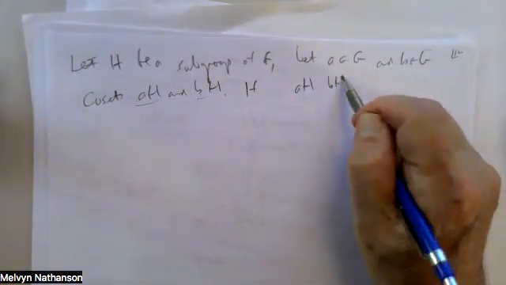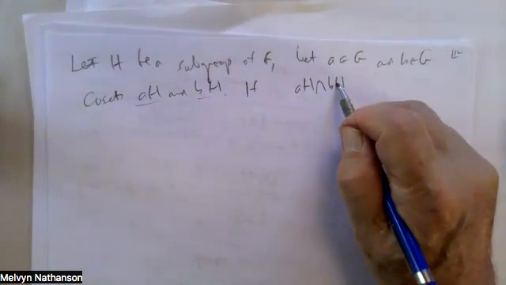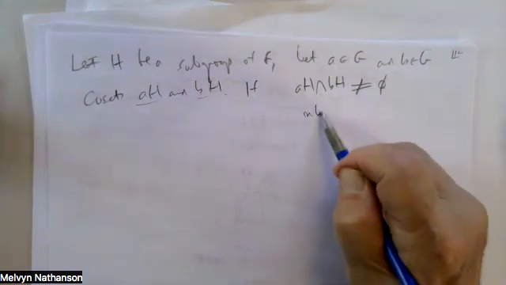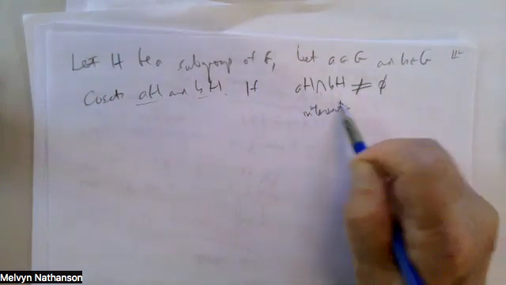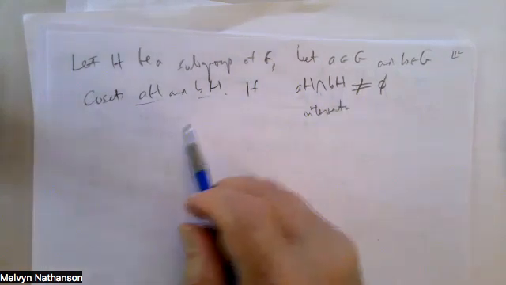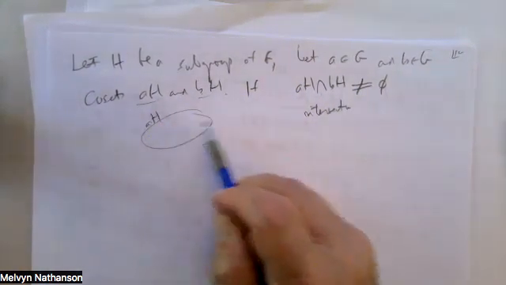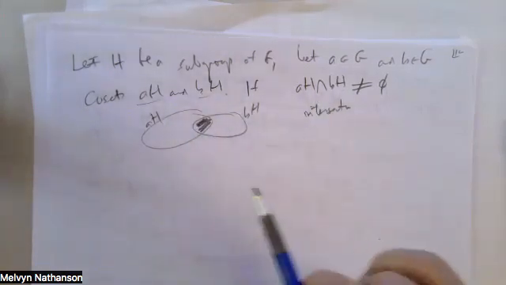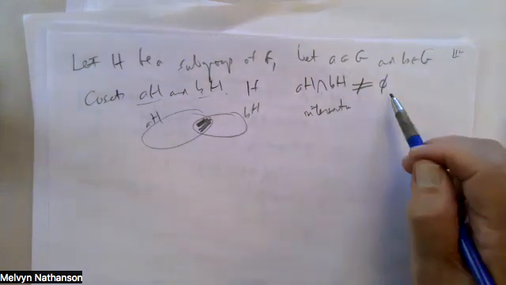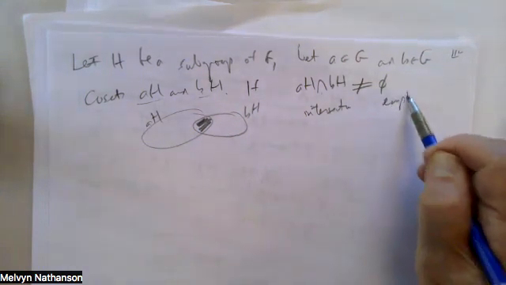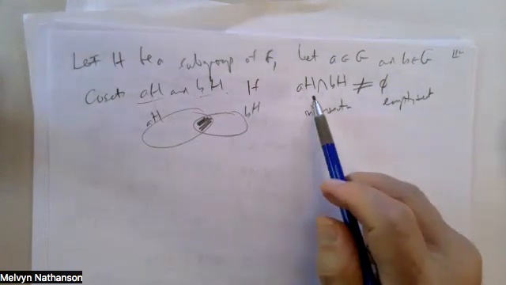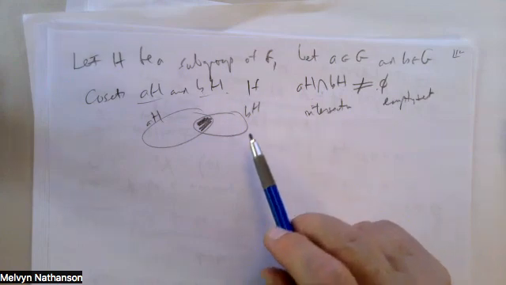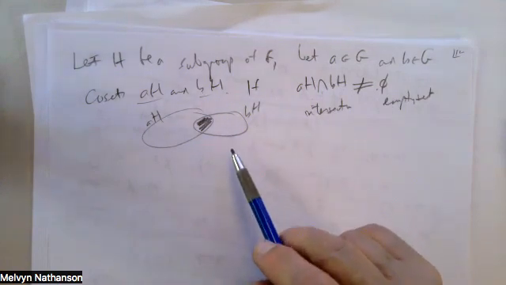So if these two cosets, AH and BH, if the intersection is not the empty set. So remember, this is the intersection of these two sets, right? You have AH, you have BH, and what's common to both of them is the intersection. To say the intersection is not the empty set means there exists an element which is in both of them.